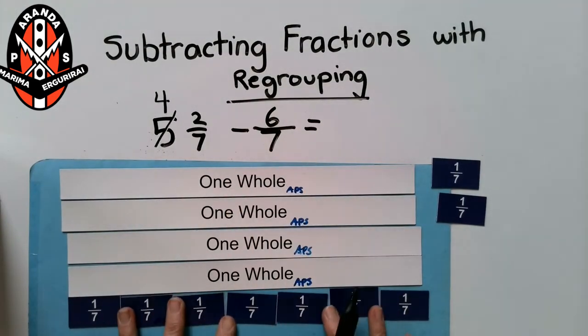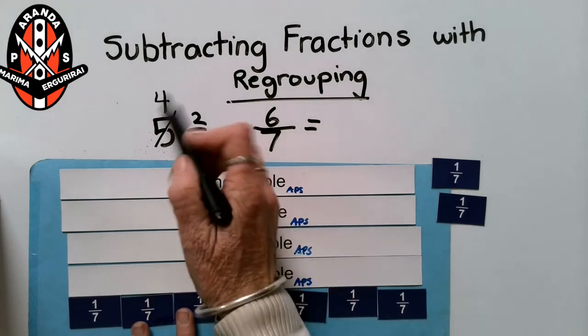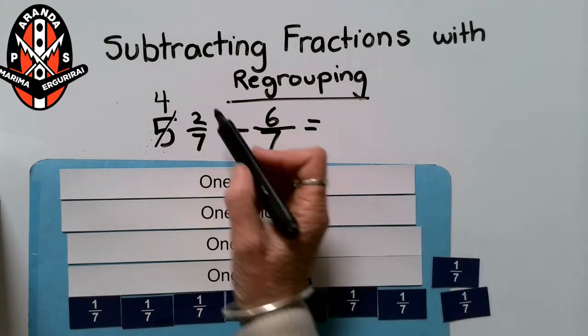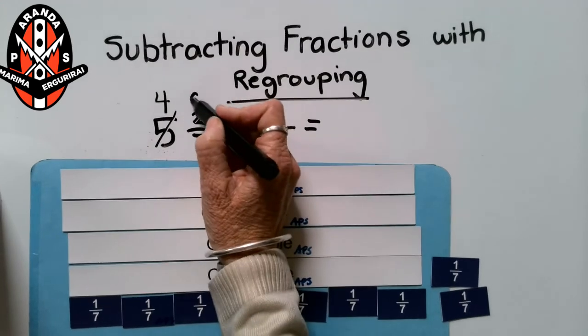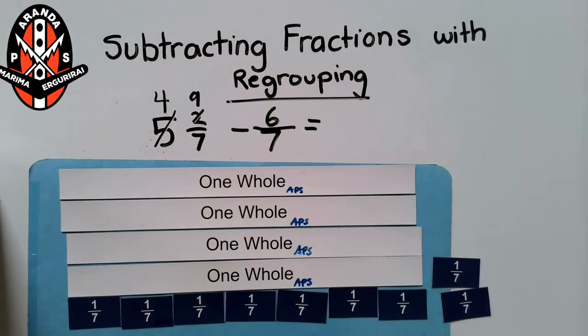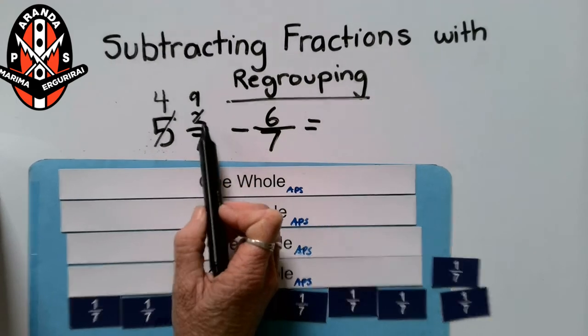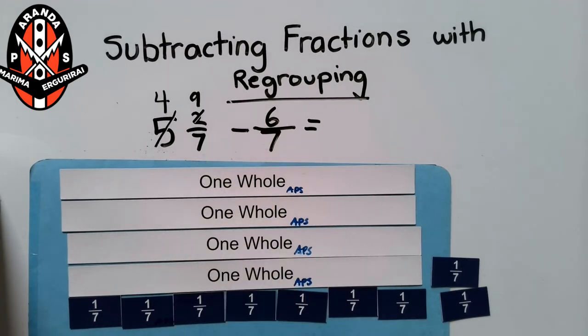So I've got 7/7 that equals that whole that I've taken out here. So now altogether, I've got 9/7. I've taken the 1 whole out of there, I've broken it up into 7ths, and I've put it in here to join those 2 7ths.